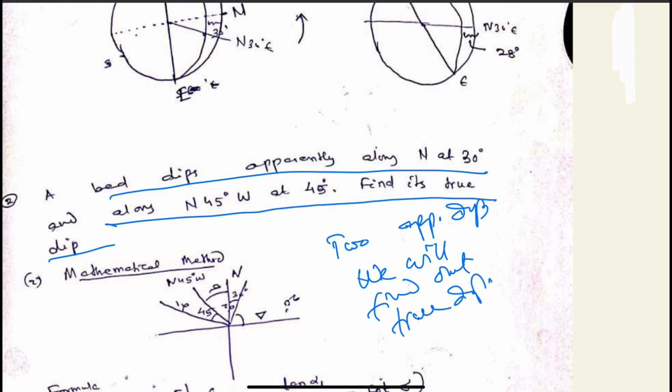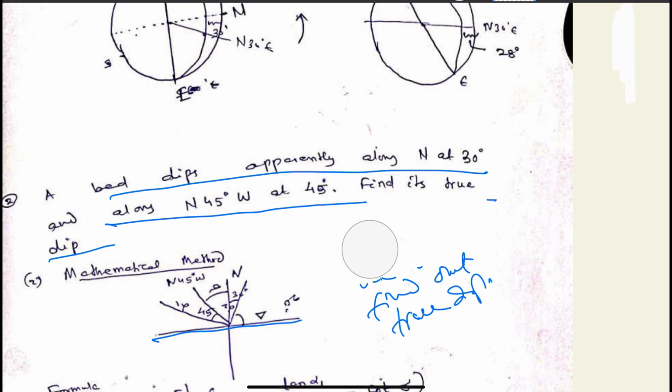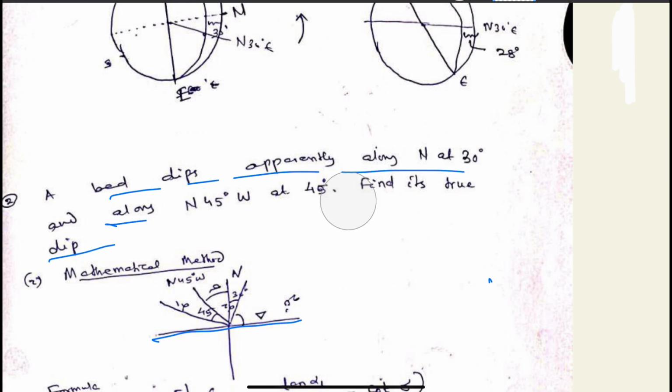We have the mathematical relation that we can directly put to get the angle delta, so that we can get the strike line, and then we can solve the problem as we have solved in the previous problem. So how will we solve it mathematically?